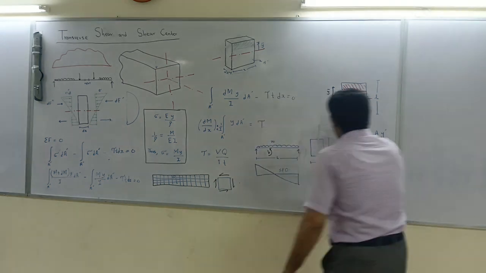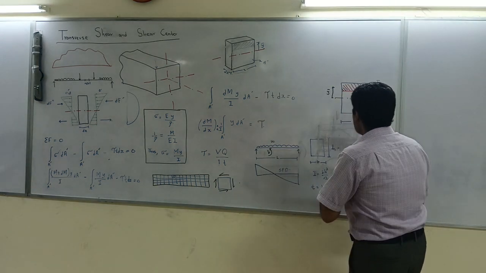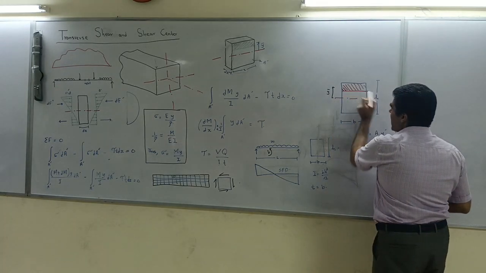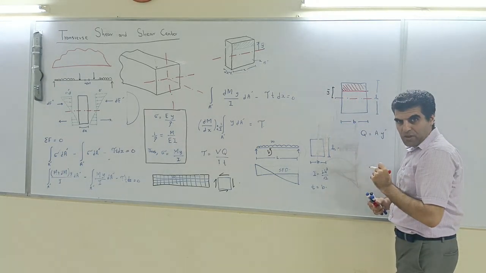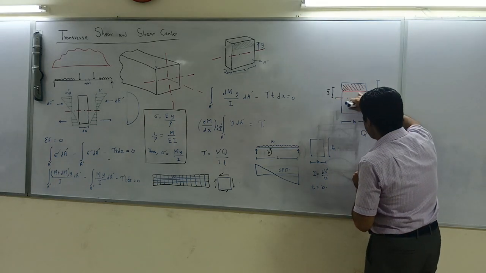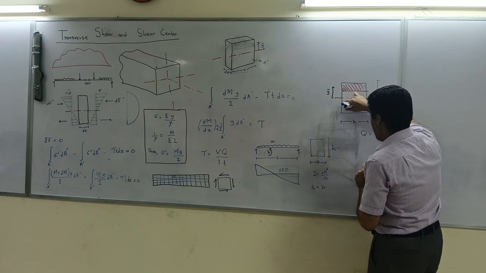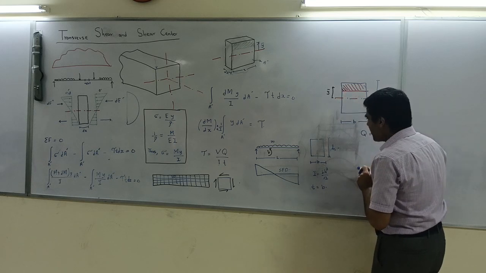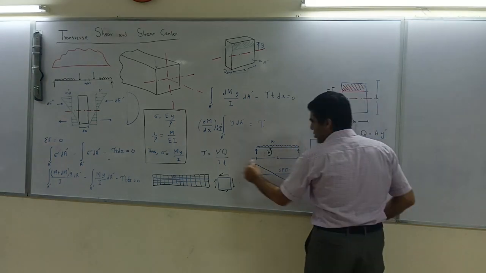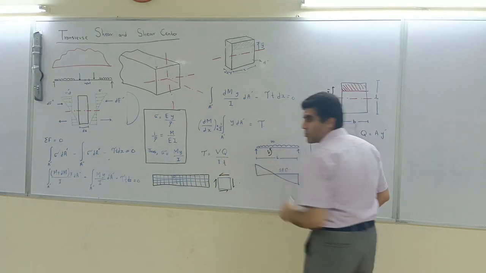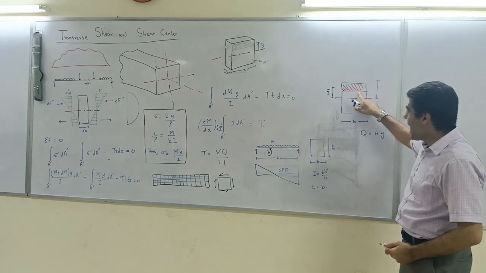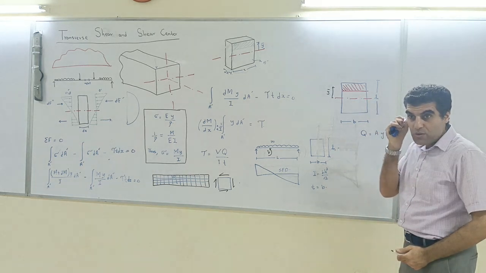Now if I am interested in finding out shear at this location, what should I do? I should adjust my Q in such a way that I get my shear at this location. And how would I do that?